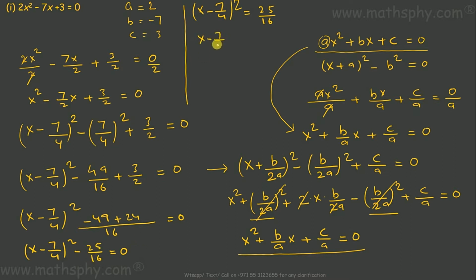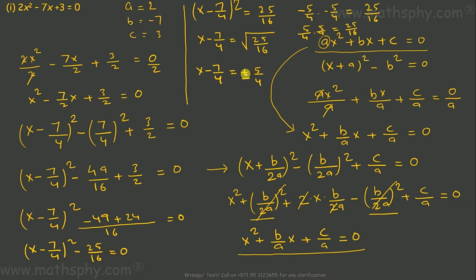X minus 7 over 4 will be equal to, this square goes this side, becomes root. This will be x minus 7 over 4 equals plus or minus 5 over 4, because negative 5 over 4 into negative 5 over 4 gives you 25 over 16. 5 over 4 into 5 over 4 also gives you 25 over 16.